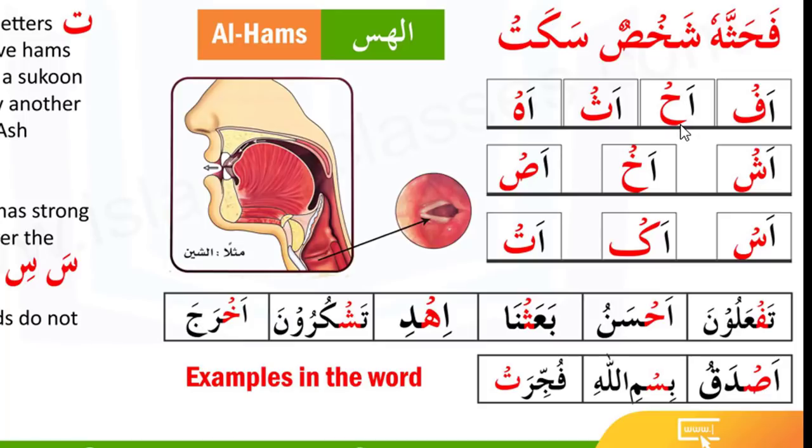And say again, ash. In the same sheen example, as you can see in the image, I say again, ash, ash. This sheen sound is al-hams, due to al-hams and due to weakness.